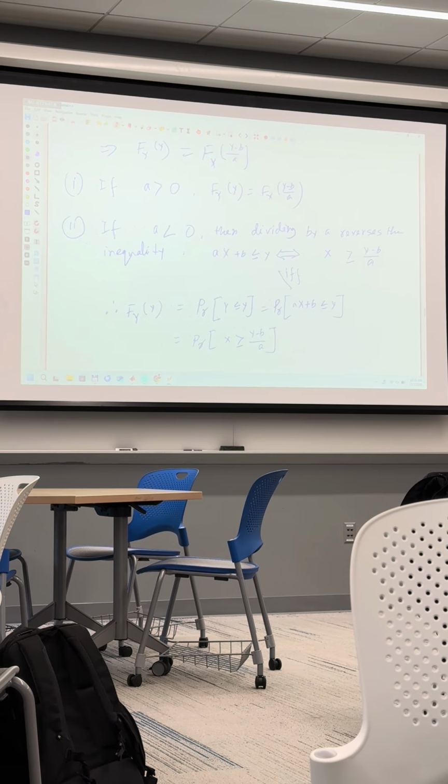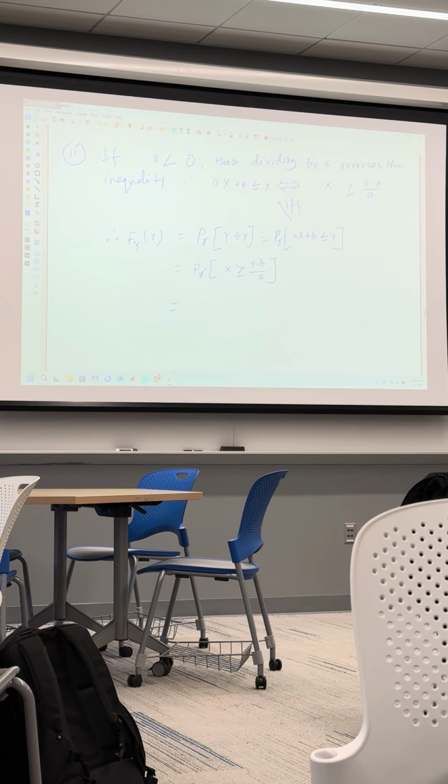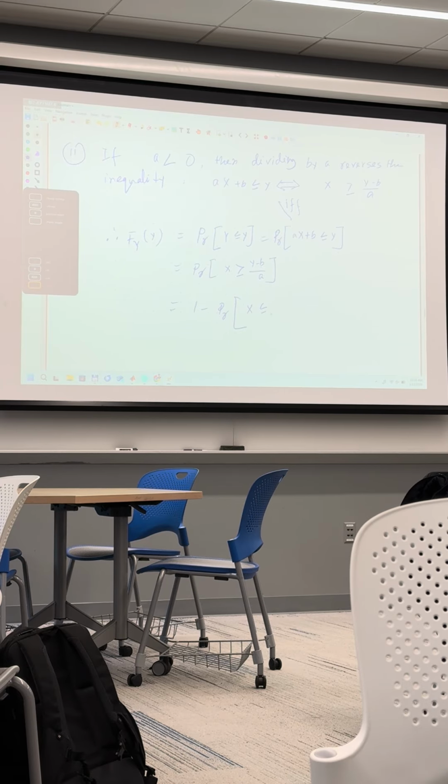Now you cannot write it in terms of the CDF directly, which is not straightforward. But the trick here is that probability that x greater than or equals a certain quantity is 1 minus probability that x less than, or less than or equals, doesn't matter, y minus b over a.